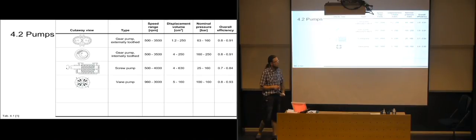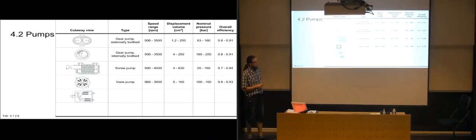And fairly small displacement volumes, but not that large ones either. So these are usually small pumps. And you have a fair enough pressure range, 100 to 160. But you can actually get efficiency up to 93% on them, so they can have really good efficiencies.